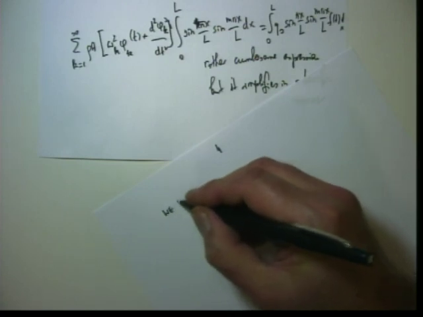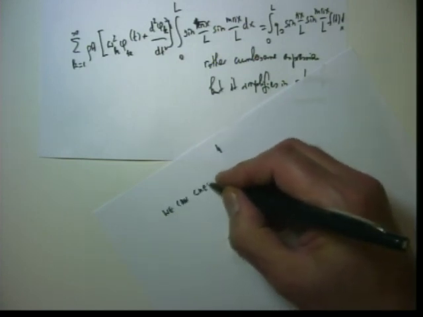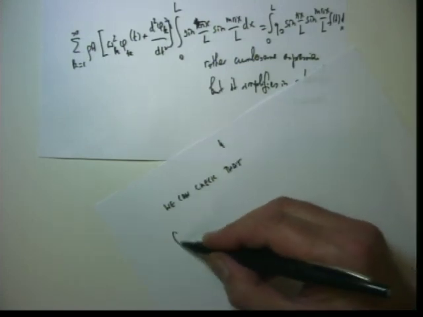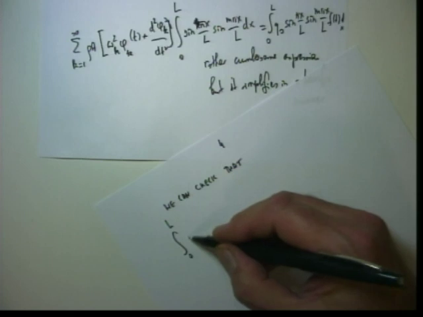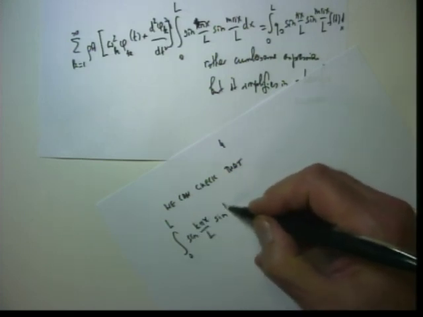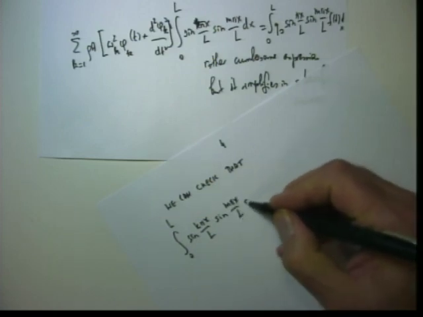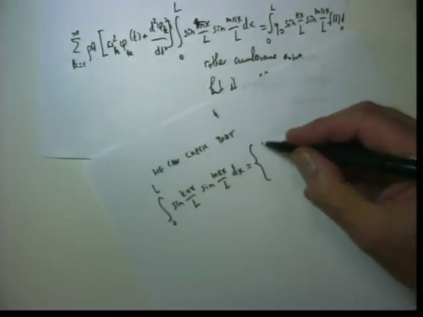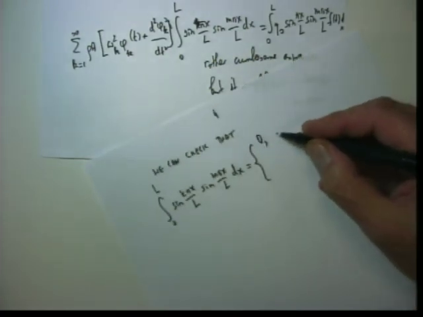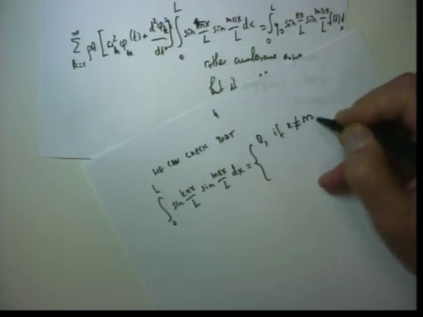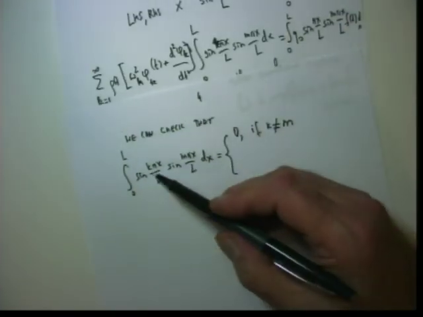So we can check that the following is happening. This integral from 0 to L, sine k pi x over L, sine m pi x over L dx, equals 0 if k does not equal m.